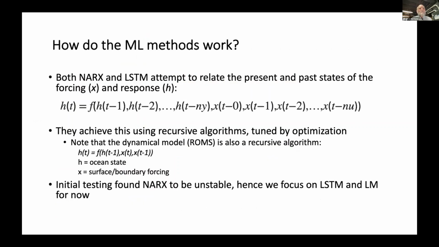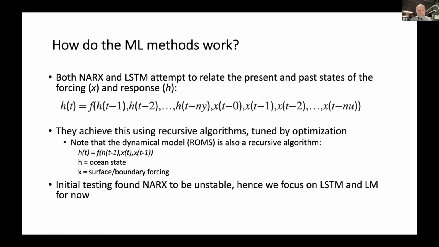So both NARCs and LSTM attempt to relate present and past states of some forcing and response from the present time all the way back to the beginning of the time series. They achieve this using recursive algorithms, and they're tuned by various optimization schemes.